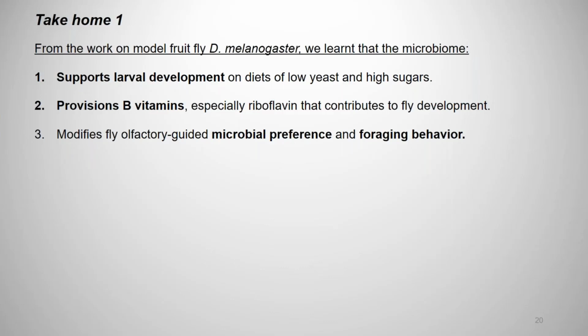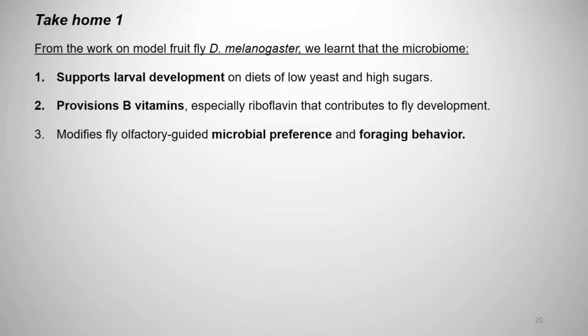Based on genomic data and dietary supplementation experiments, we know that the microbiome helps the flies develop by providing B vitamins, particularly riboflavin. We also have some new emerging data that suggests the microbiome can affect the microbial preference of the flies, and ultimately how they forage and make food choices.